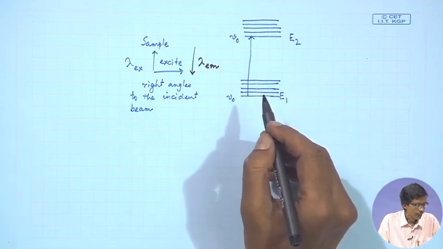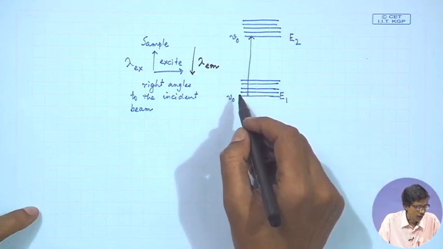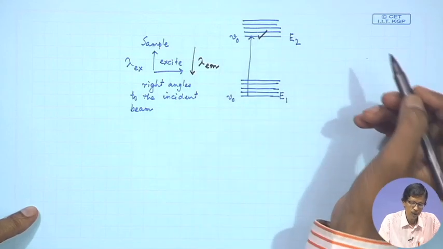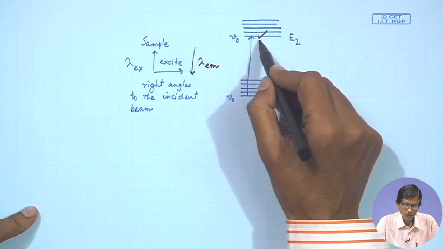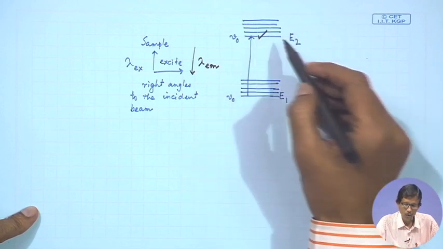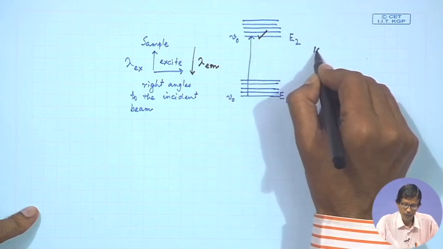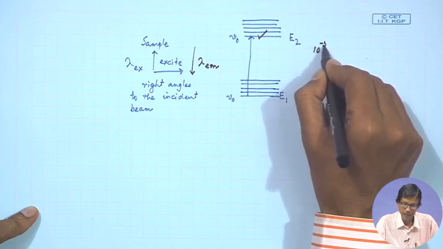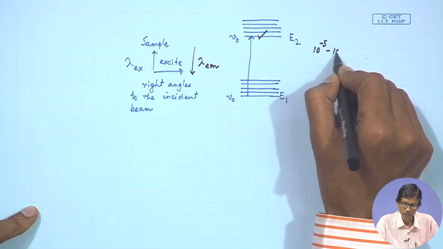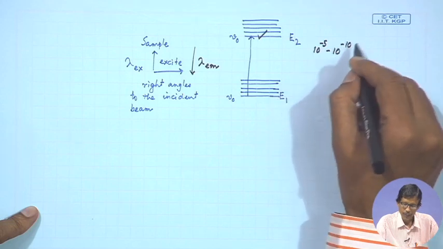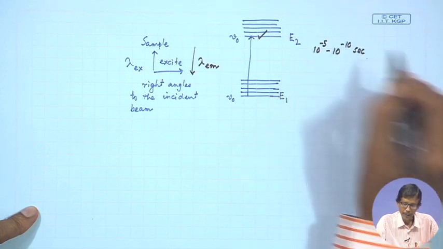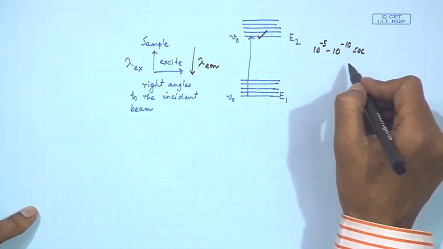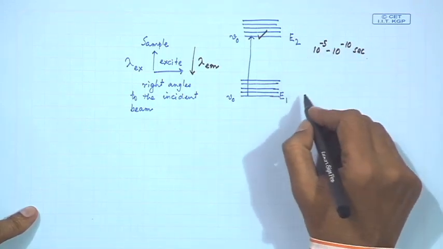So, when this species comes to the excited level, how long will it stay there? We have seen a time range of 10 to the power minus 5 to 10 to the power minus 10 second for the lifetime.